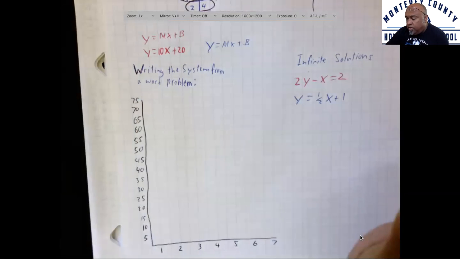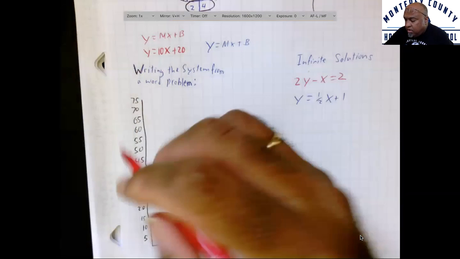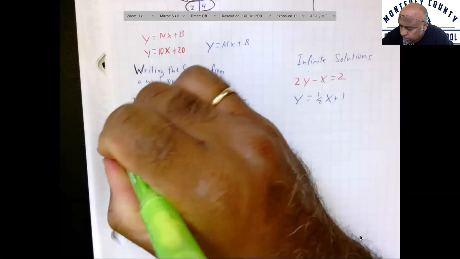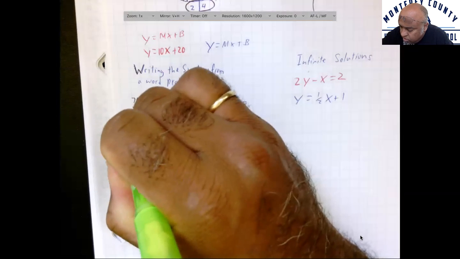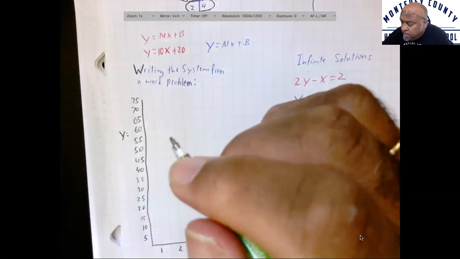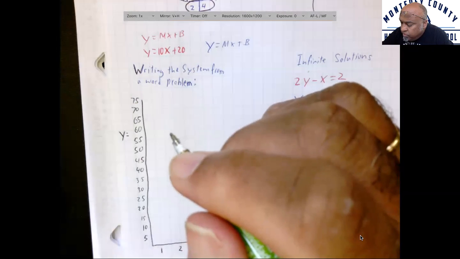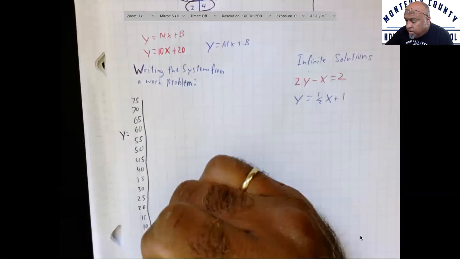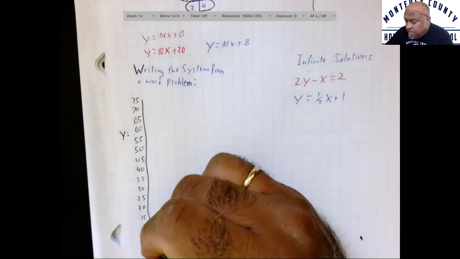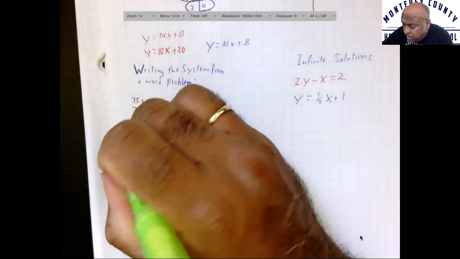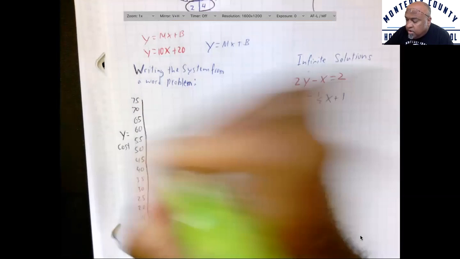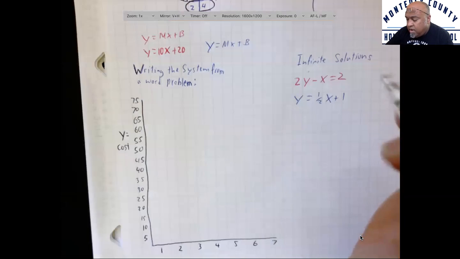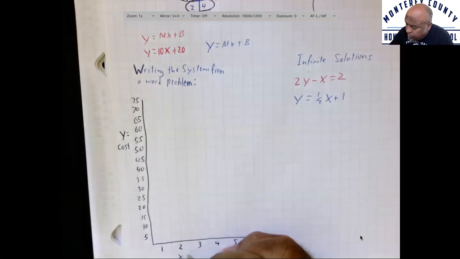Now, what do these represent? So my y value here was represented by these numbers, which is going to be the cost. So technically, you could write this as C equals instead of y. So what does x equal?